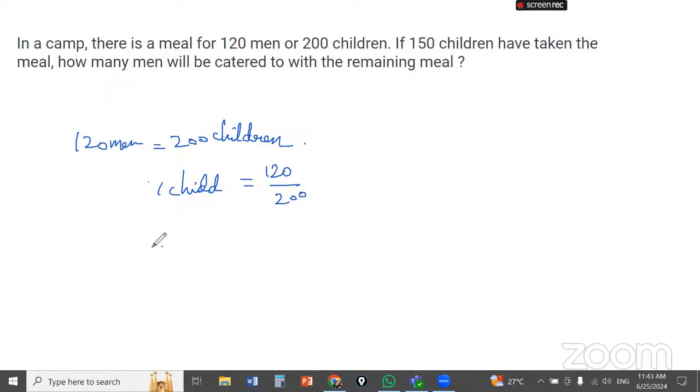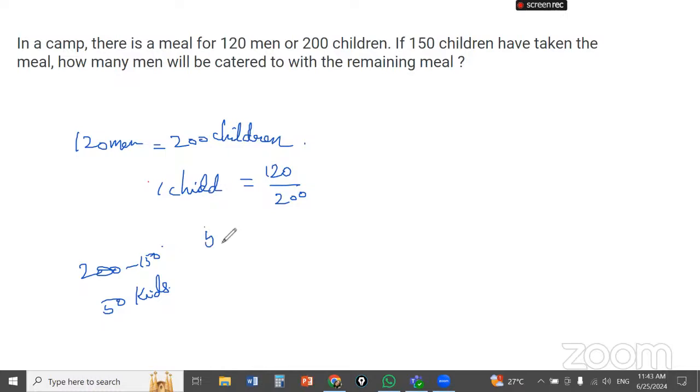So now 150 children consumed it. Those who have not consumed is 200 minus 150, that is 50 kids. They didn't take the meal. This meal has to be given to the men. So we need to find for 50 kids how many men can be fed. For one child it is 120 by 200 men.